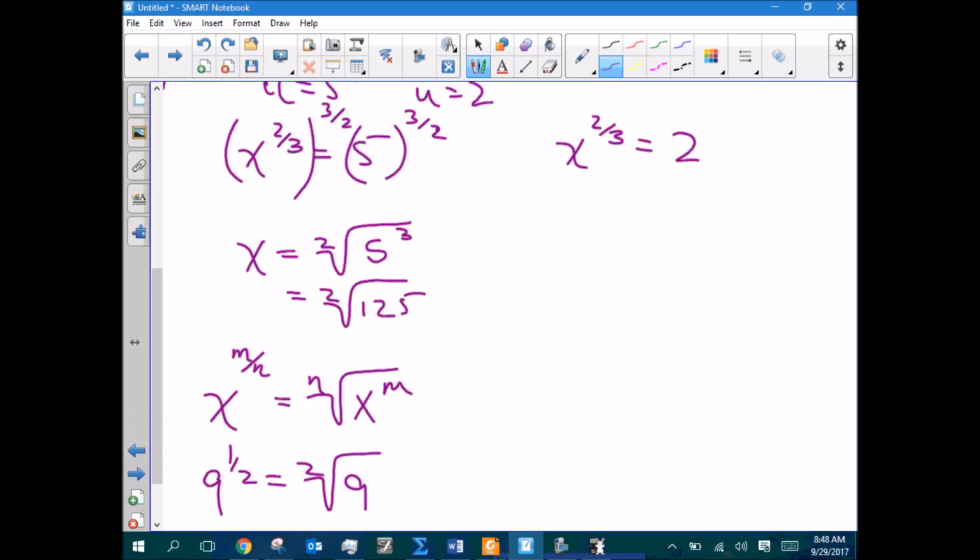Which that should be what? 5 radical 5. And then I'll do the same thing over here. I'll have x equals 2 raised to the 3/2. So I'm looking now at the square root of 2 to the 3rd, which is 8. And now we'll go down to 2 radical 2. That's 5 radical 5.